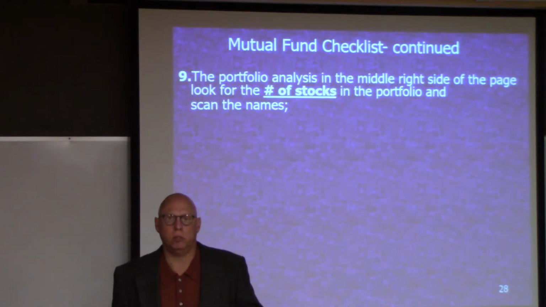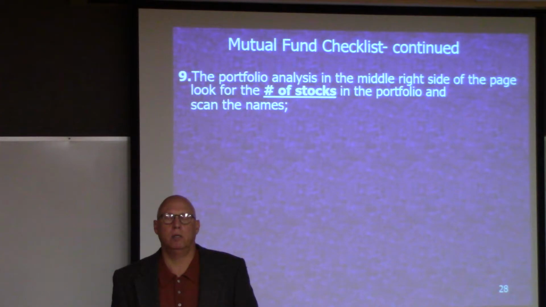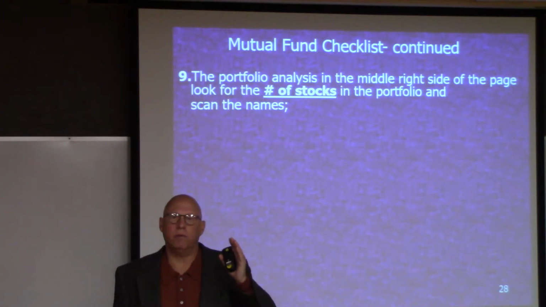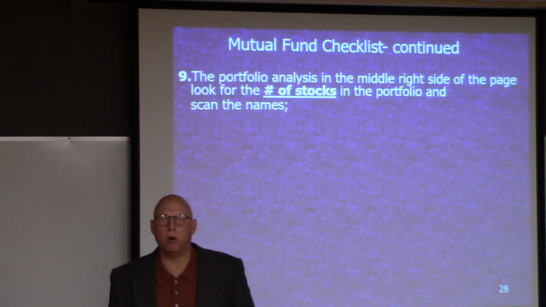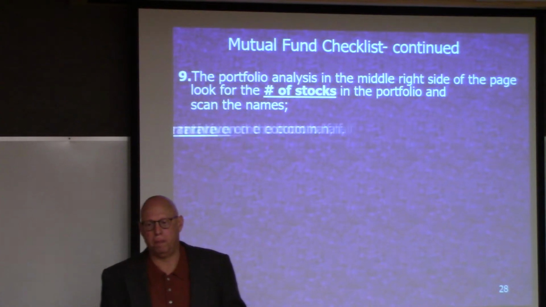Look at the names. How many names do you want? You really want somewhere between 40 and 75 names. If there are too many names in there, it's really hard to beat the market. If there are not enough names in there, then the portfolio will be really volatile. Okay?